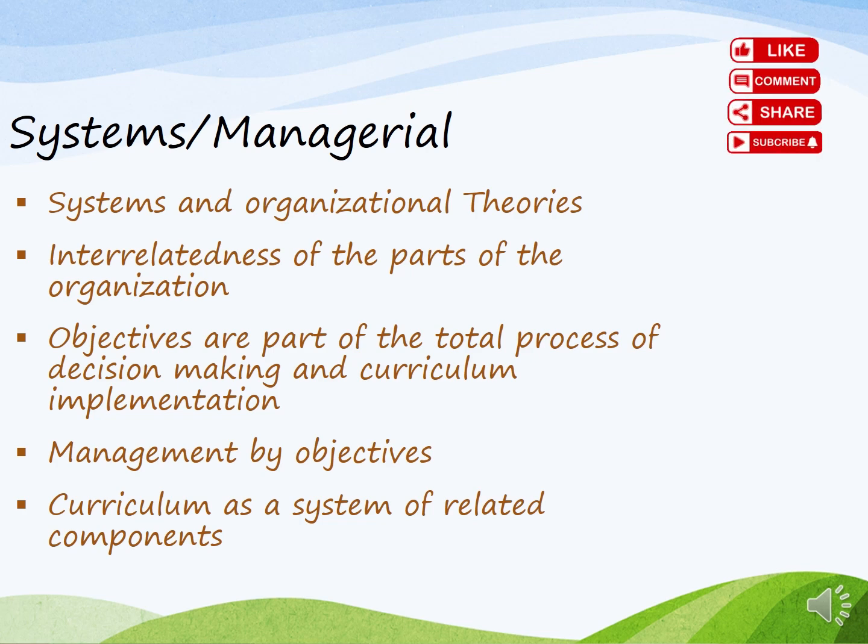The system or managerial approach is based on system and organizational theory: the interrelatedness of the parts of the organization; objectives are part of the total process of decision making and curriculum implementation. The next is management by objectives, curriculum as a system of related components. So all these steps we already discussed.